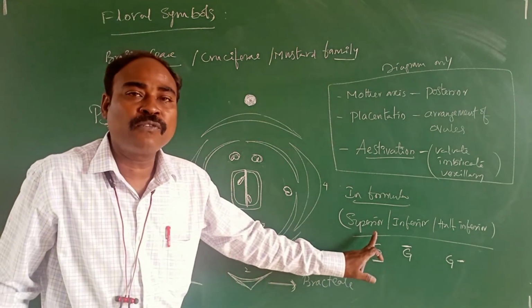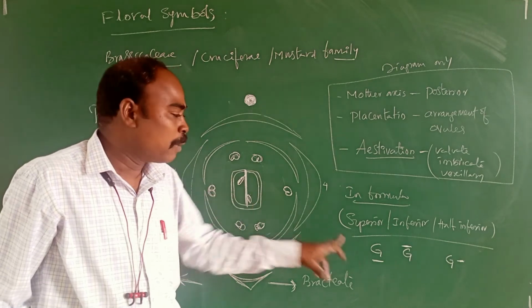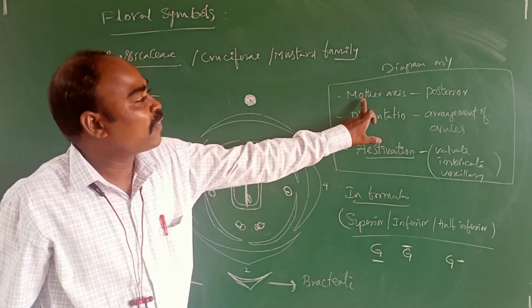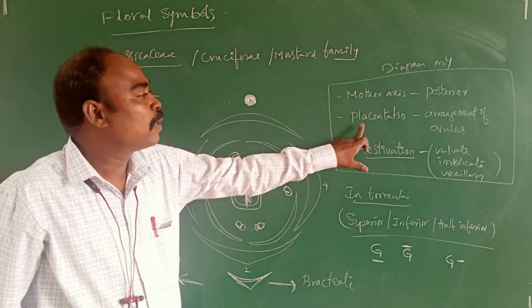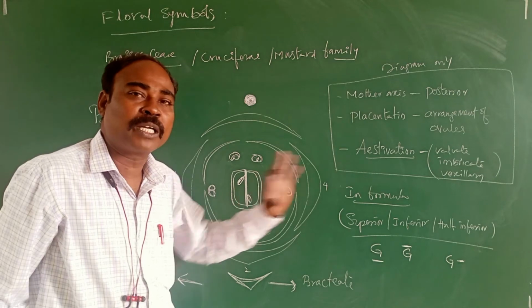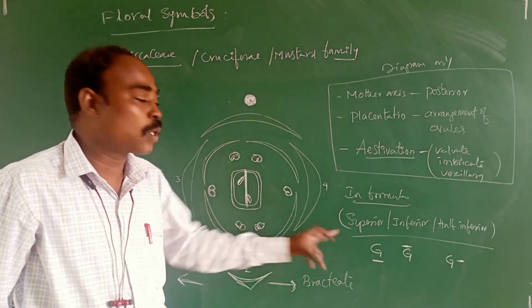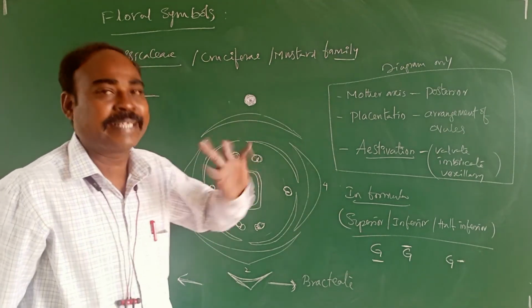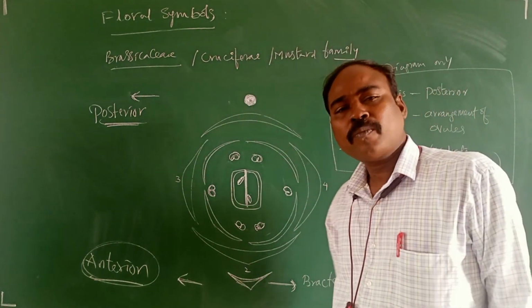So the position of the gynoecium is not explained through the floral diagram, but through the formula. Mother axis is not explained in the formula but through the diagram. Placentation is explained through the diagram, but not the formula. Aestivation is also not explained through the formula, but through the diagram. These are the diagnostic features of the floral symbols.